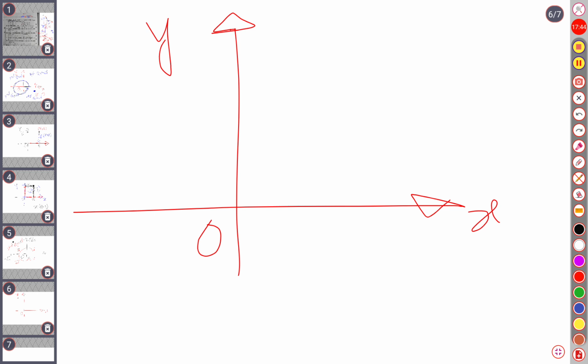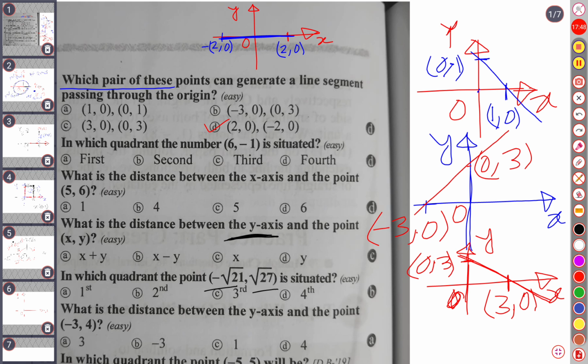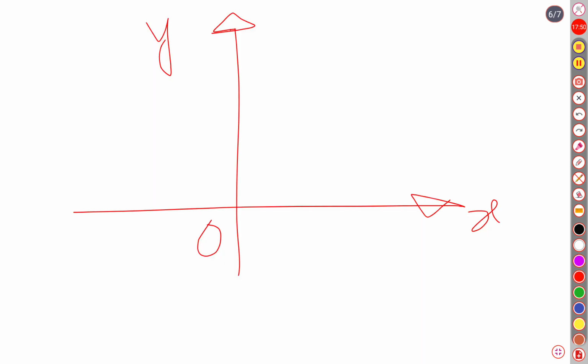Our coordinates are negative 3, 4. So negative 3 will be, suppose it is over here, and 4 is positive, so it will move up. It is over here. Then what will be our point? Our required point is this one. This is our point, negative 3, 4.